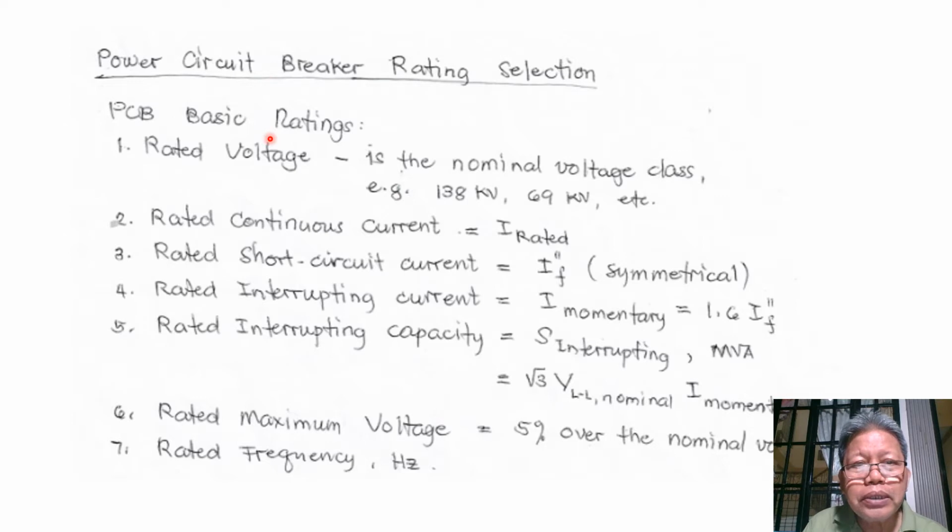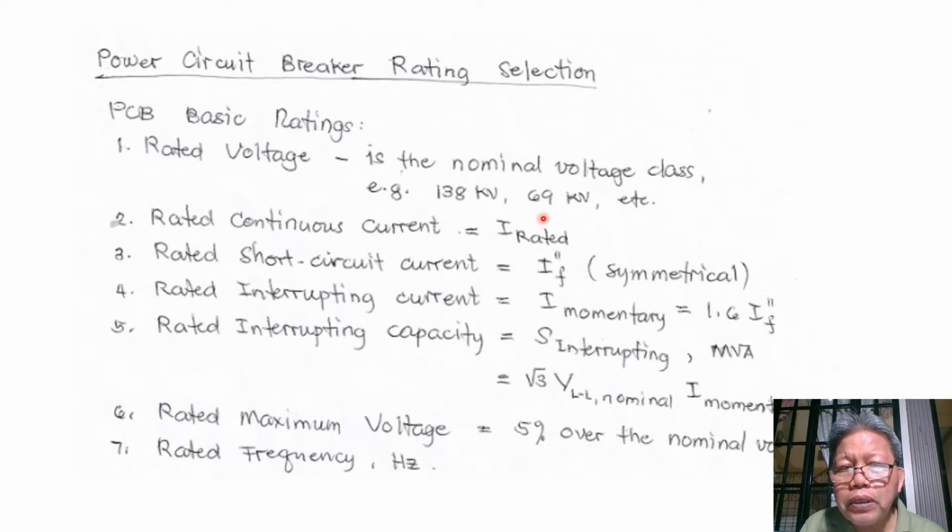So for the circuit breaker, we consider the basic ratings. Now, the first one is the rated voltage. The rated voltage of a circuit breaker is the nominal voltage class where the circuit breaker is intended to be placed, not to protect an equipment. So if the circuit breaker is to protect a 138 kV equipment, then its rated voltage should be 138 kV.